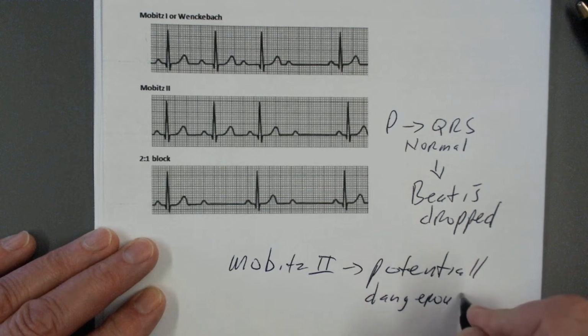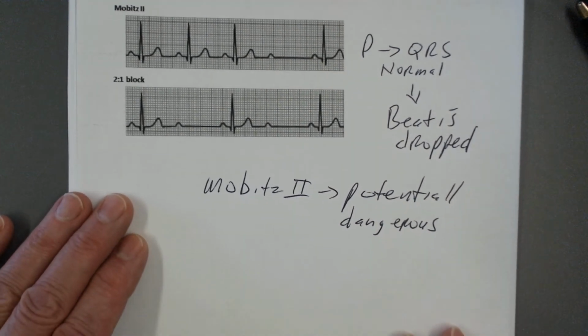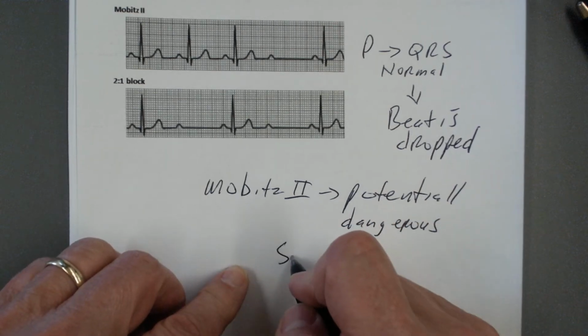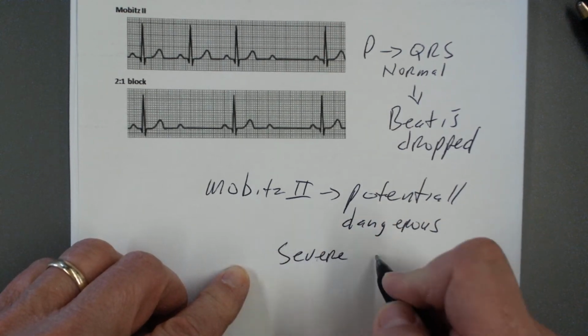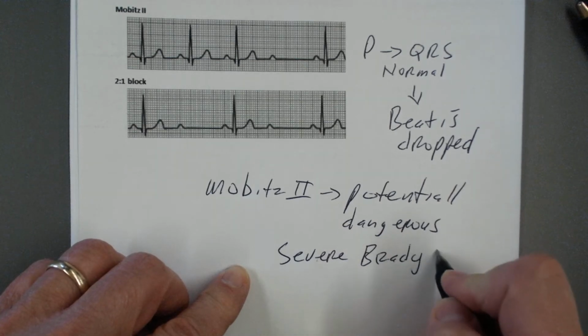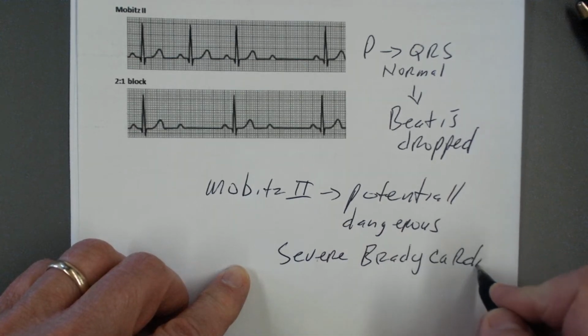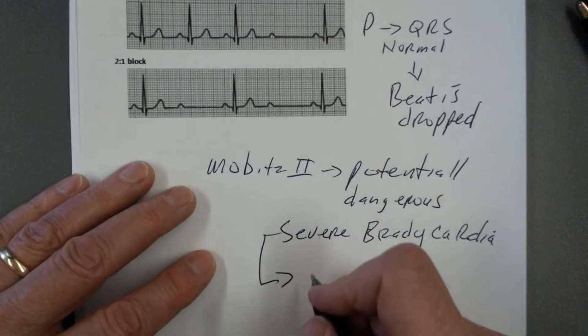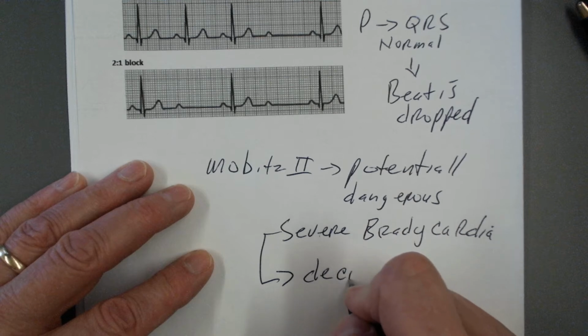Now, why is Mobitz 2 potentially dangerous? It's potentially dangerous because you can have severe bradycardia, and with that severe bradycardia, you have decreased cardiac output.